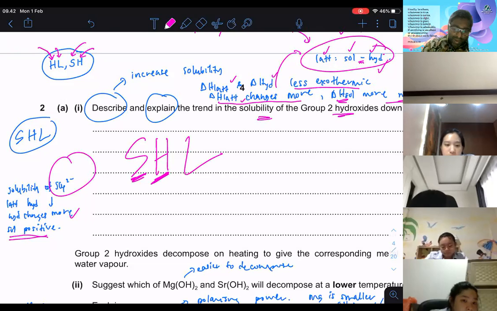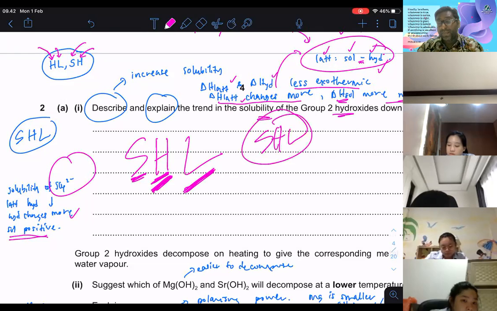If you have hydroxide, then your lattice energy changes more. I'm going to use this method also to remember. SHL: sulfate, hydration; for hydroxide, lattice.